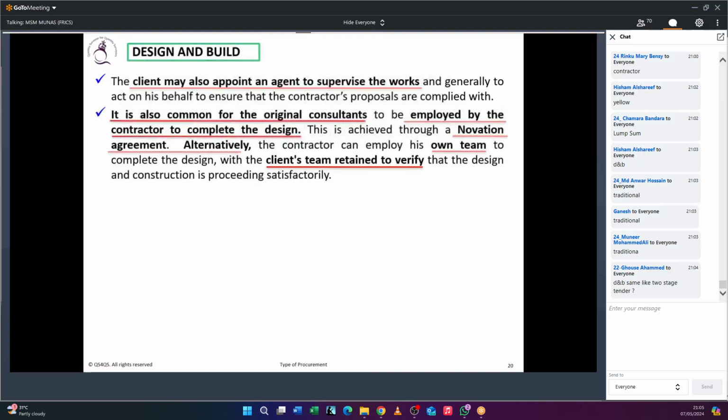So now the question is, why do you think the contractor will like to have the employer's team under his company? Does he like it or not? What do you think?